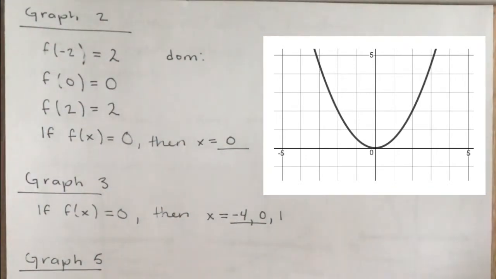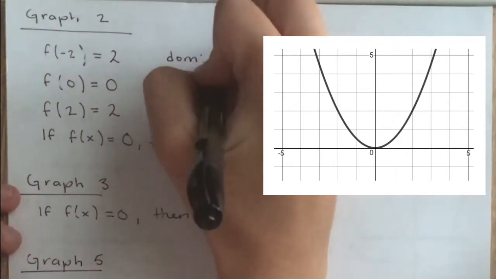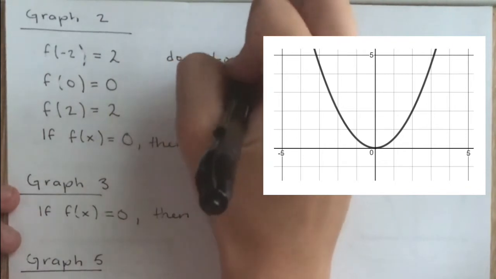There really should be arrows, but we're going to assume that it continues. So if I'm looking along the x-axis, I can see that any x value that we look at, we start at negative infinity, we move to positive infinity, all of those have function above it. So our domain here is going to be all real numbers.